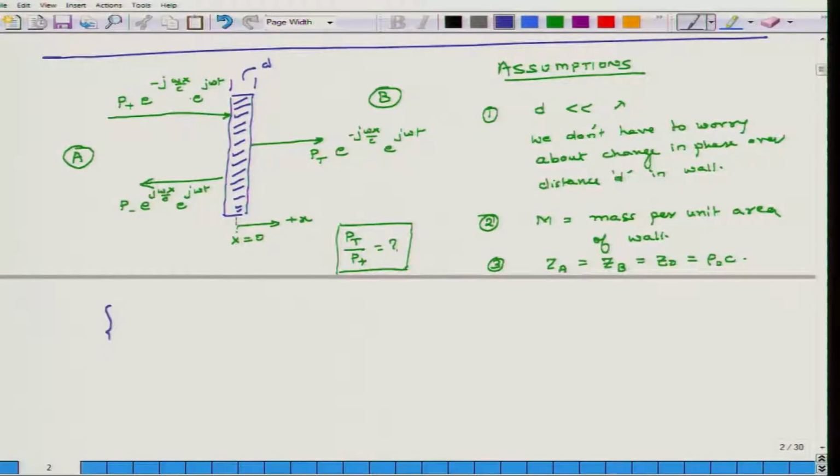So, for side A, pressure, which I will call PA, as a function of x and t, and velocity on side A is UA.